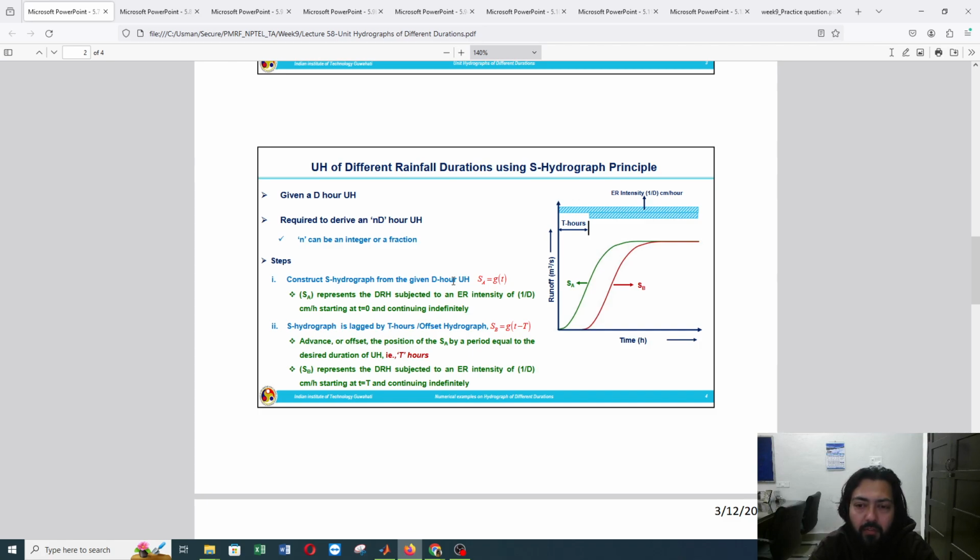When we know the values of SA and SB ordinates, we can take the difference of SA and SB and calculate the value of DRH of the unit hydrograph. Once we know it, we can divide it by the excess rainfall value. Here the excess rainfall value is in terms of intensity, so we have to divide it in terms of T by D. That will give us the unit hydrograph of different rainfall durations using the S hydrograph, right?